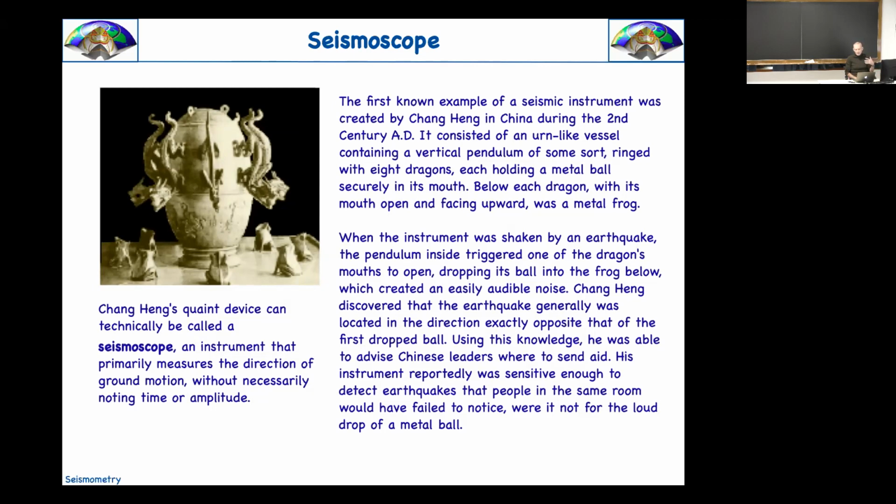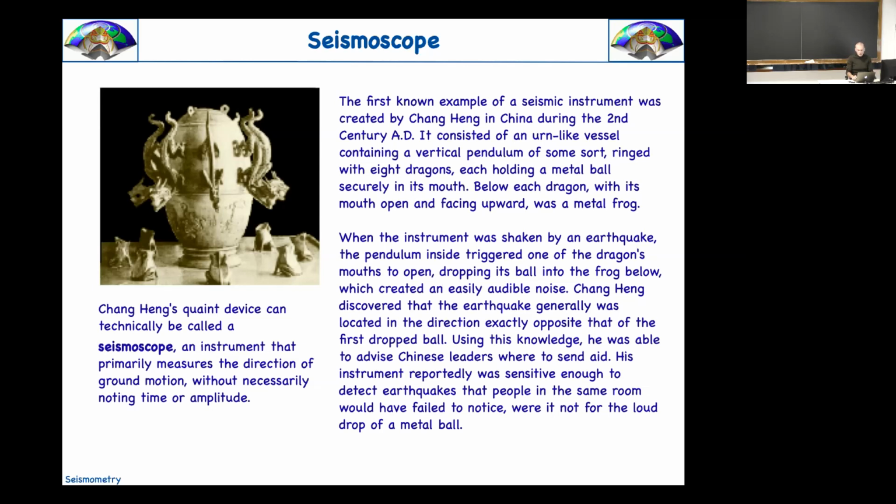Actually, we don't have a clear understanding of what was inside that pot with dragons, frogs, and bulls. Maybe there was a system of pendula, but in any case, the idea is that if there is a shaking, it's going to reveal it, maybe giving an idea of the direction from which the wavefield was coming.